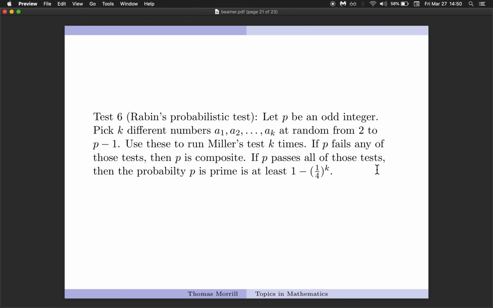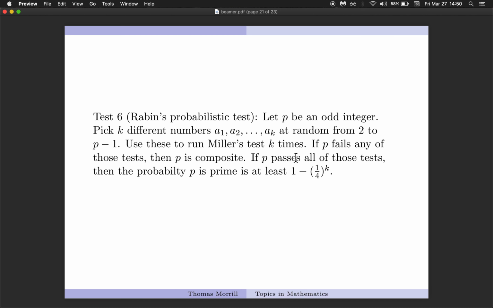If p passes each different run of Miller's test, well, p might be prime, p might be composite. But we can actually give our confidence on the matter. p is prime about this often.